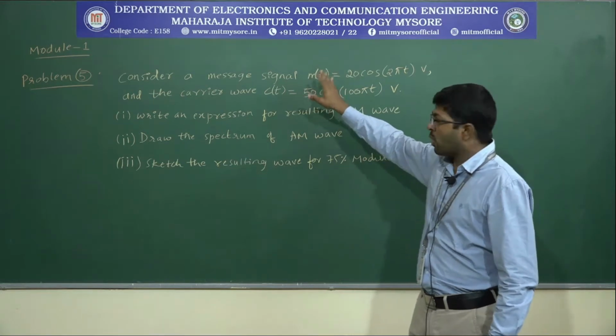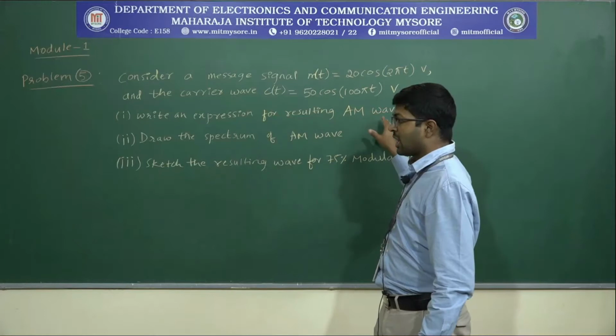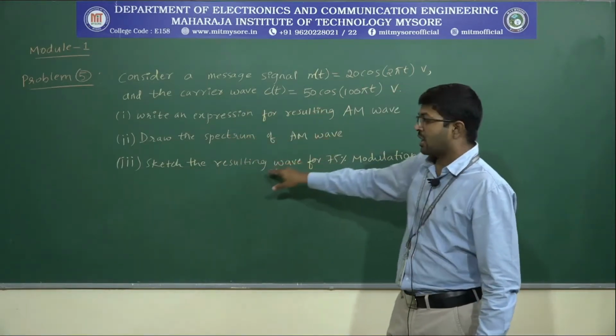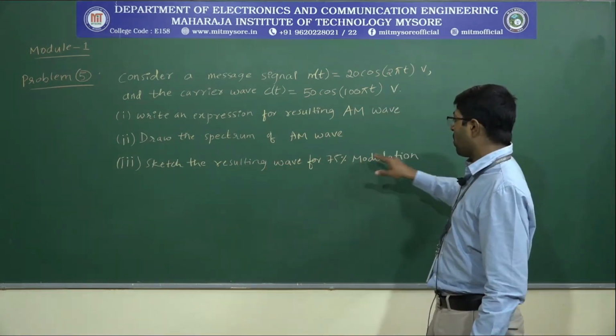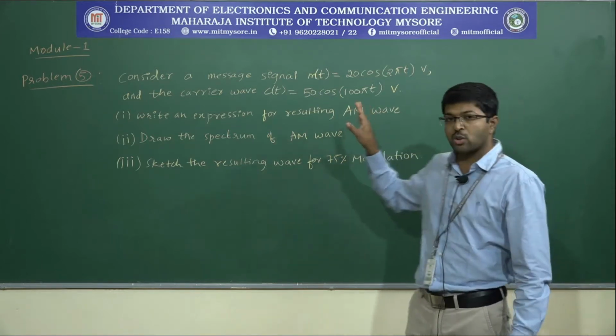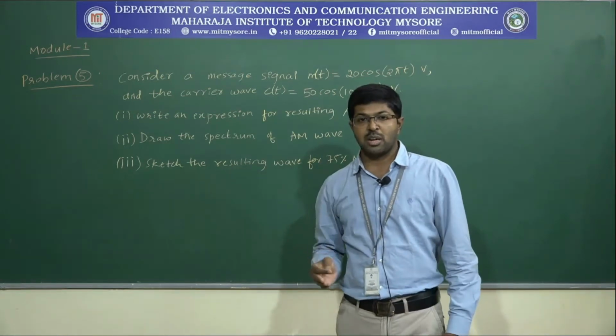For this we first have to write the expression for the resulting AM wave, draw the spectrum of the AM wave, and the next task is to sketch the resulting wave for 75% modulation. So what we need to understand here is that the message signal is given and the carrier is given.